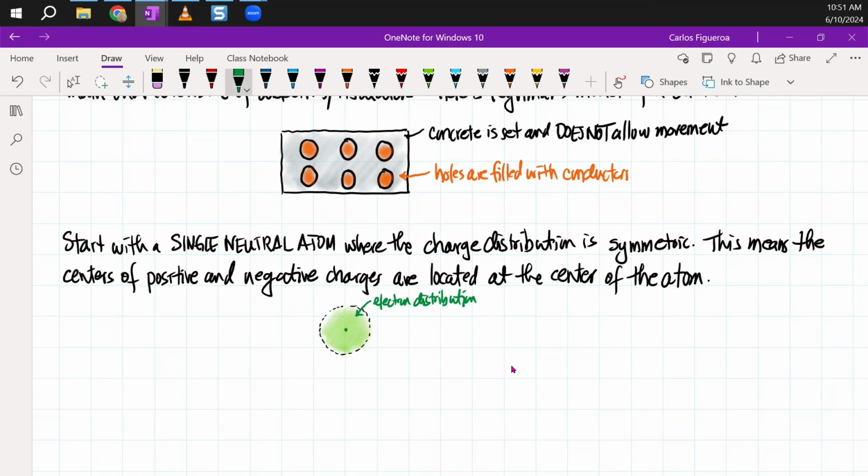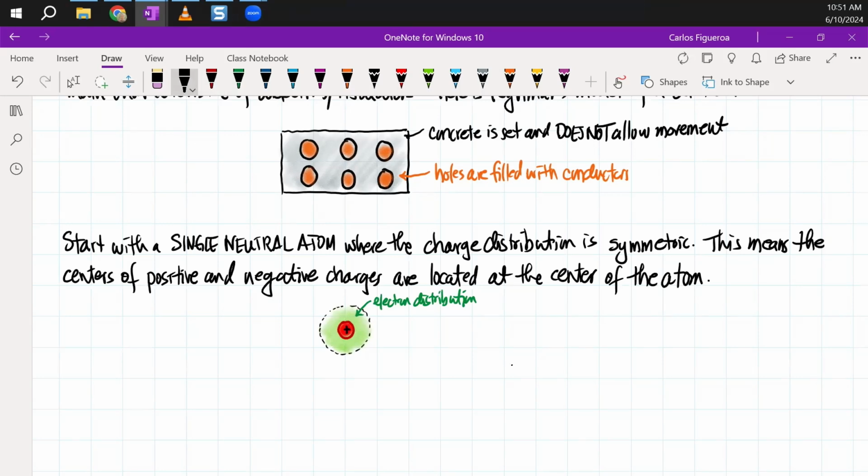I'm going to say that that's the center of the electron cloud, the green cloud. But now we have a nucleus, and right on top of that is the center of that nucleus. Those two centers line up.